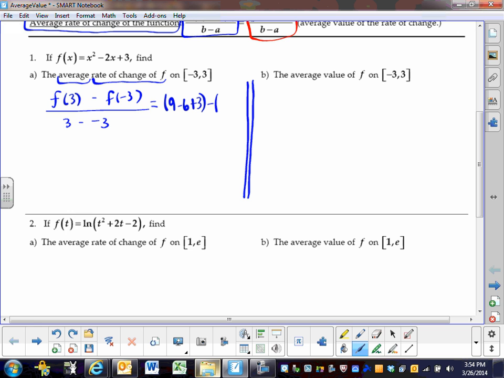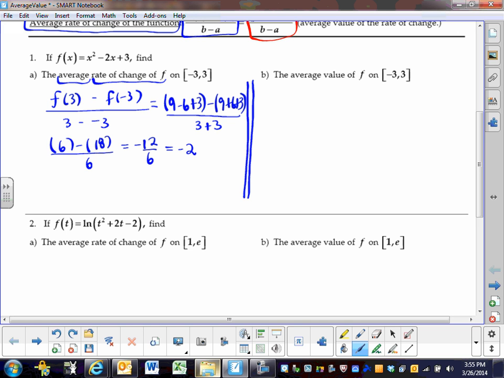Minus, if I substitute negative 3 in, I get 9 plus 6 plus 3. All over 3 minus negative 3 becomes 3 plus 3. So we end up with 6 minus 18 over 6. So we end up with negative 12 over 6, which is negative 2.